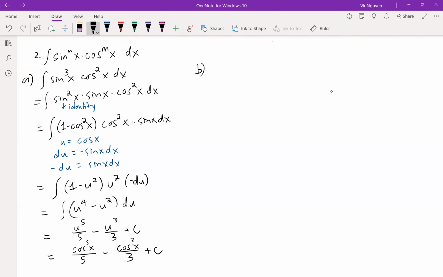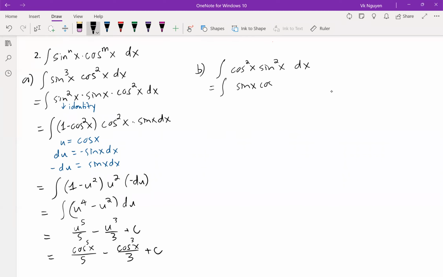Let's take a look at another example in which the exponents of sine x and cosine x are even. Integral of cosine square x sine square x dx. Well, there's an identity for sine x cosine x, so let's use it.